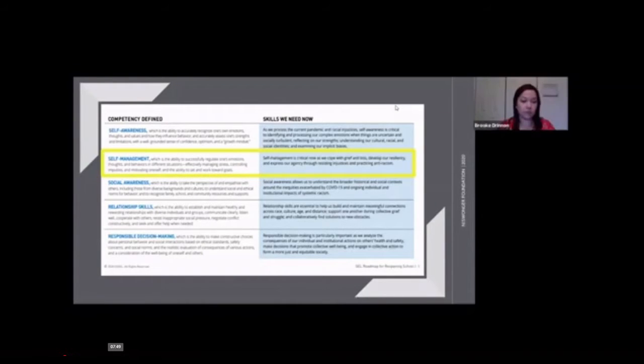So with COVID-19, schools reopening, and uncertainty about the future, students need to be able to regulate their emotions, their thoughts, and behaviors. They need to be able to manage stress and to be able to set goals and stay motivated to achieve them. So in today's session, we will give you resources and strategies that can help guide your students in becoming self-managers.